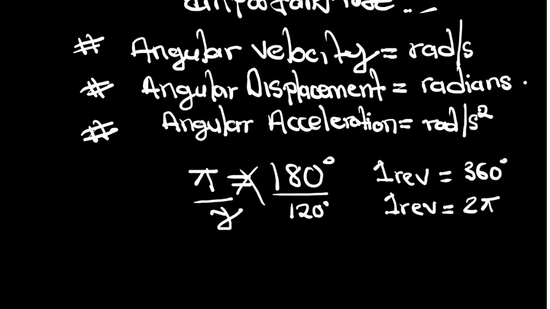So if I want to convert revolutions to radians, I can use this conversion factor here. But if I want to convert the number of revolutions to degrees, I can use the above conversion factor. So these are the conversion factors that you're supposed to use in this particular topic.